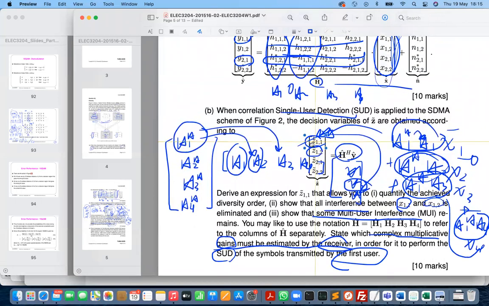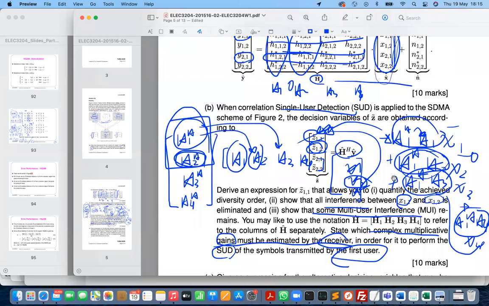For Z1, we actually only used H1. For Z2, we will only use the knowledge of H2. So for the first user, you only need to know the channel of the first user, right? But you still have the interference here.